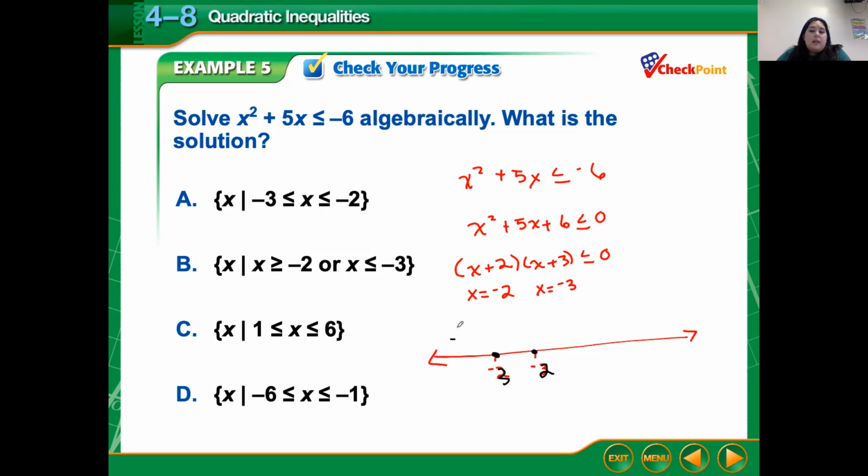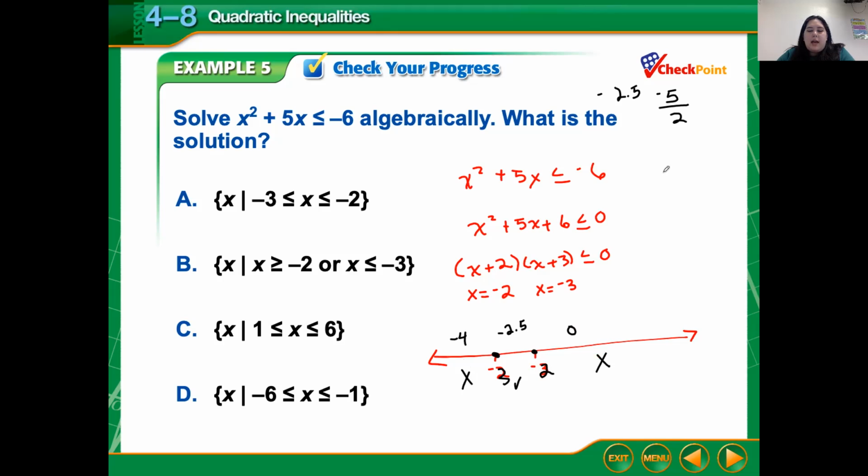So I would test -4, I would test 0, and I would test -2.5, which is the same thing as -5/2, because we might find that easier. Once we test those, I find that -4 does not work, -5/2 does, and 0 does not work.